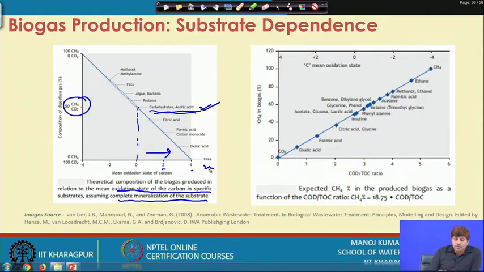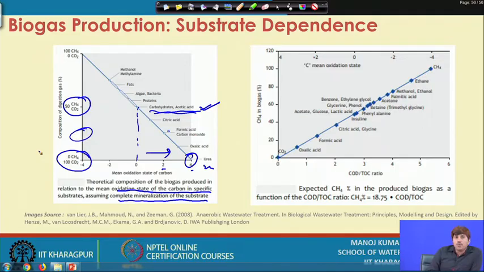For urea, theoretically, it will not produce any methane but 100% carbon dioxide only. Similarly, formic acid or carbon monoxide will produce just 25% methane and close to 75% carbon dioxide.